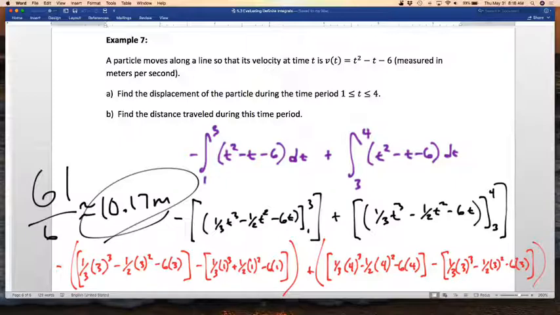When would the distance and displacement be the same? When would they be equal? The only way they could be equal is if the particle doesn't change direction.